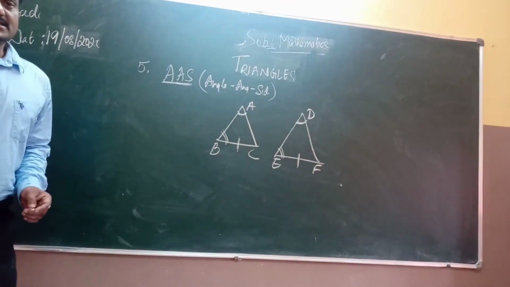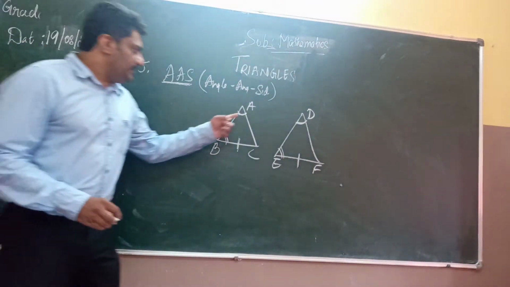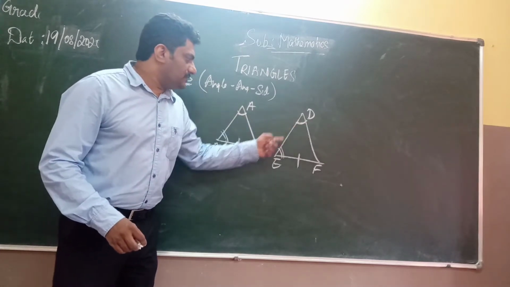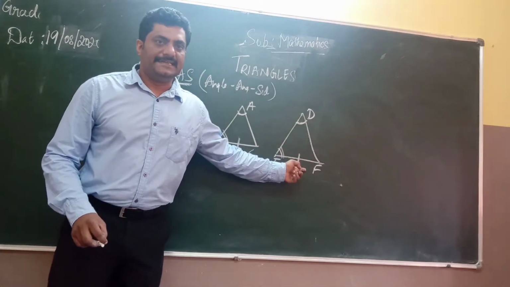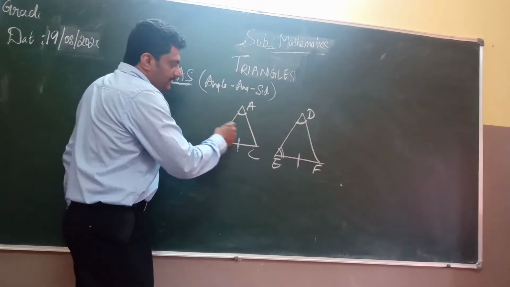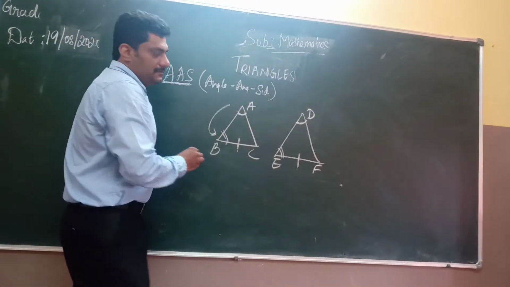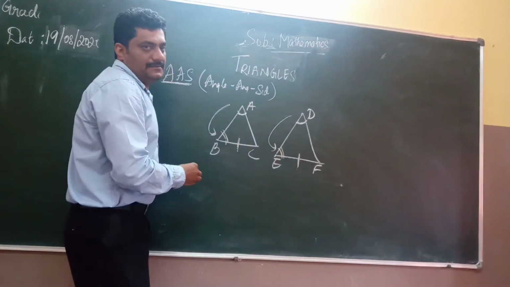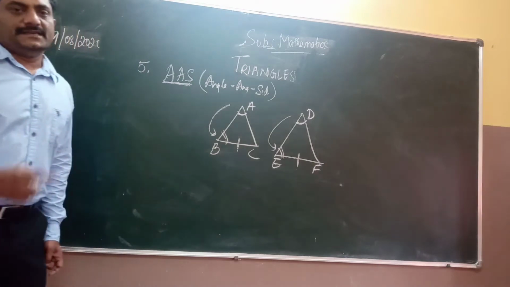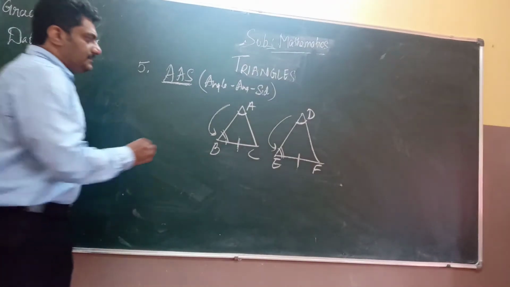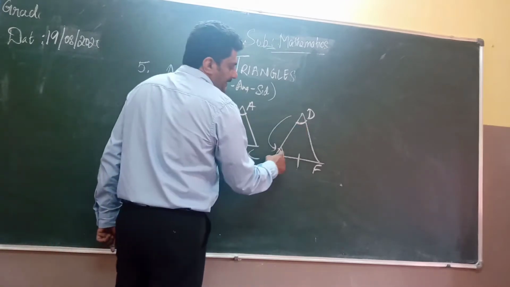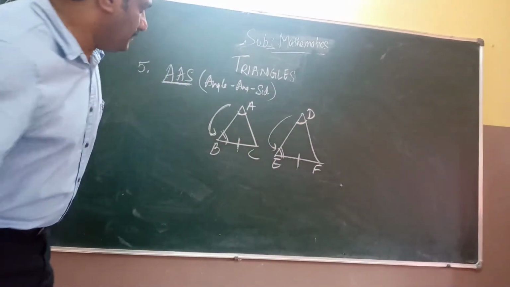In this case, we are checking any two angles and that side. But when you are checking the angles, it has to be continuous, one continuous cycle. Angle, angle, side.